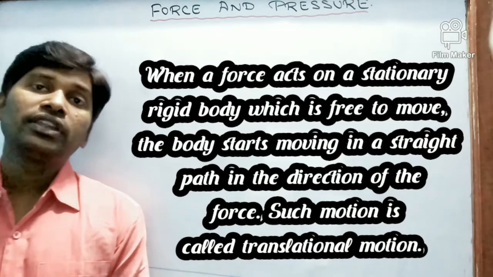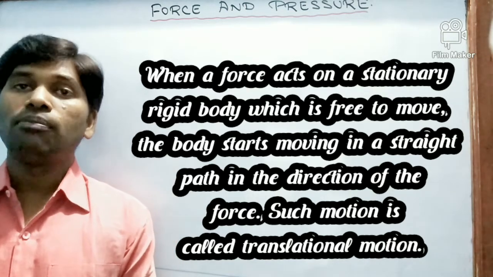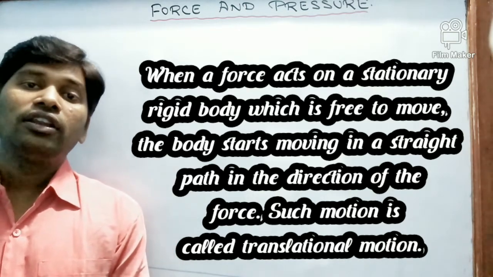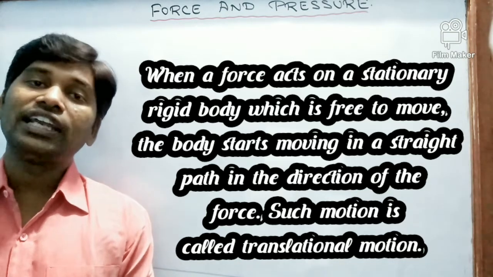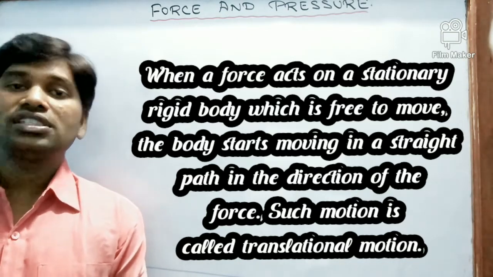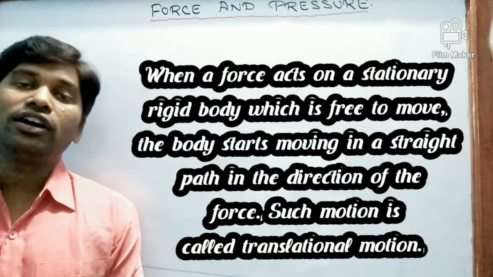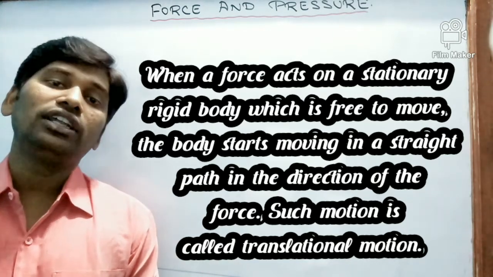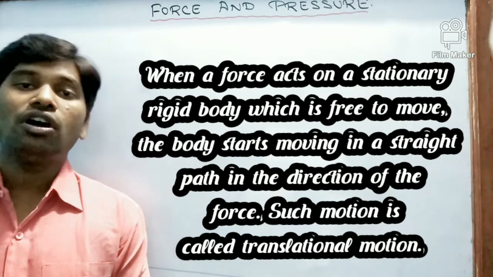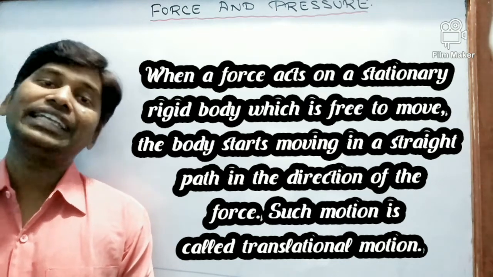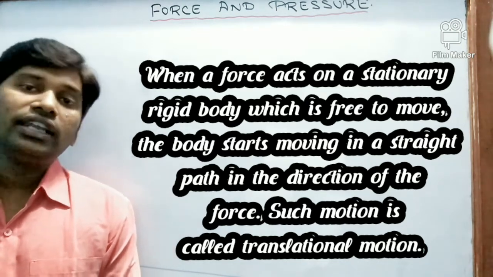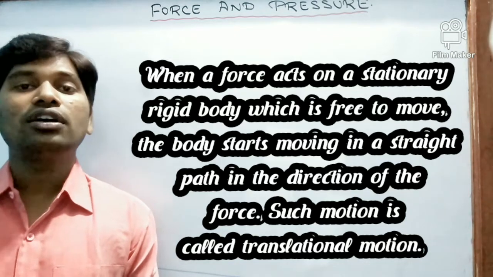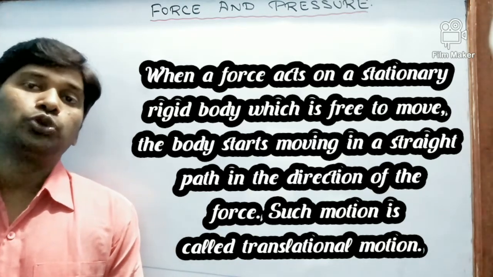For example, when we push a ball on the ground, the ball starts moving along a linear path. That motion is called the translatory motion or linear or rectilinear motion. Next type of motion we will talk about is rotational motion.